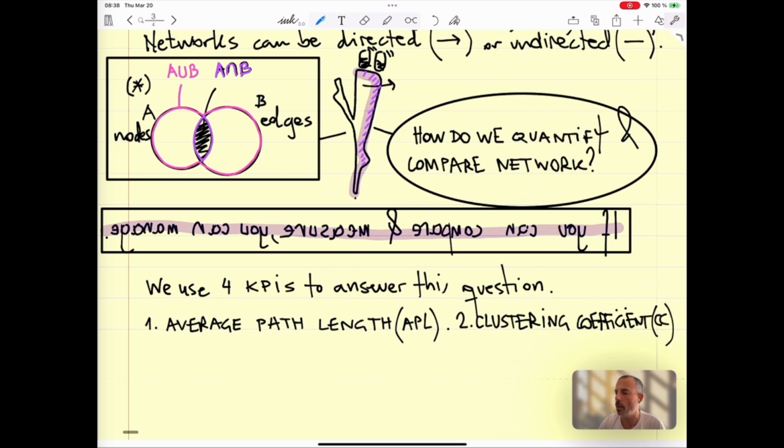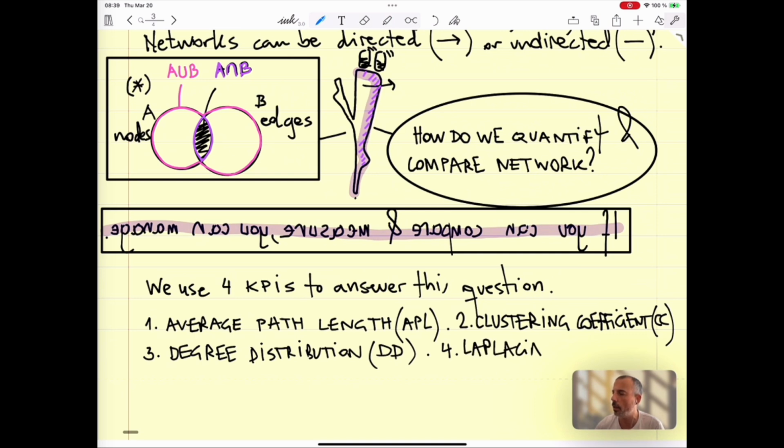CC. Third KPI is called degree distribution. DD. And fourth KPI is called Laplacian matrix.